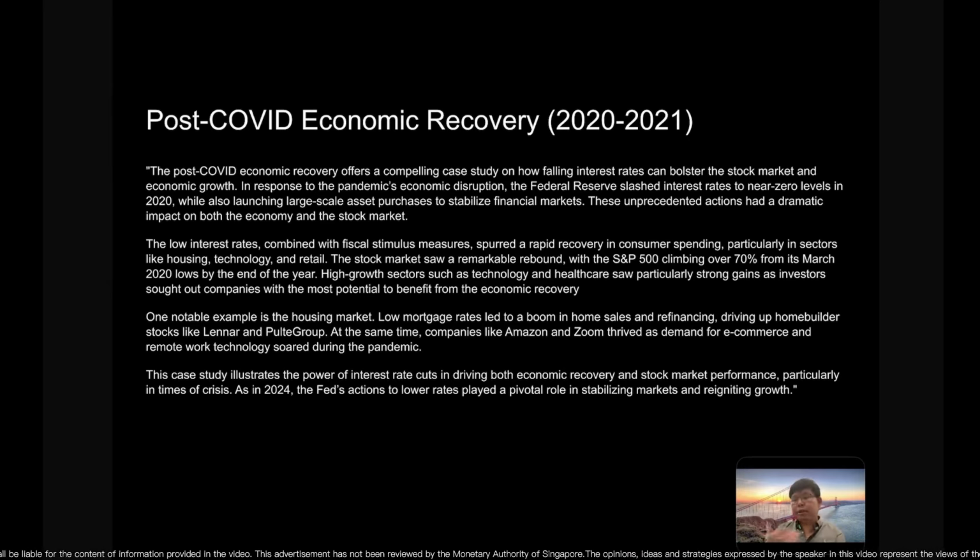During bad times, that is when they give the handouts, so that spending is still maintained, and the stock market was maintained in the US.